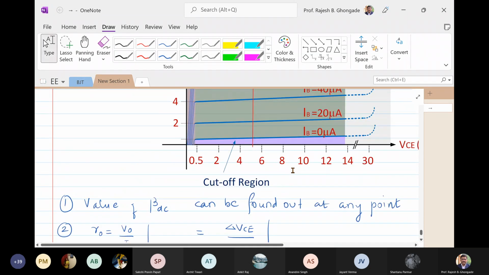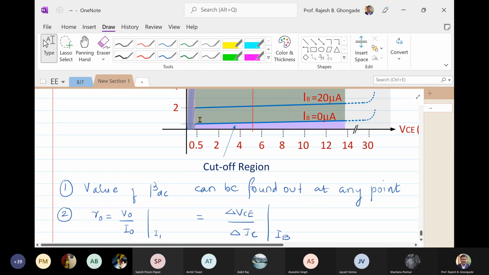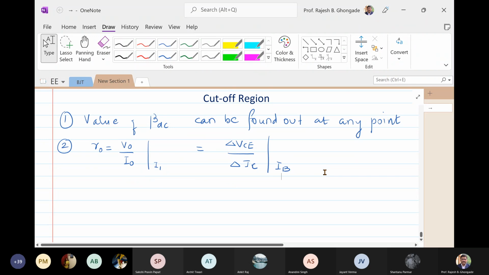From this figure, you will see that delta VCE is more, delta IC is small. So what can you say about the output resistance? Sir, it will be higher. It will be high. Okay, output resistance is higher. Very important observation.